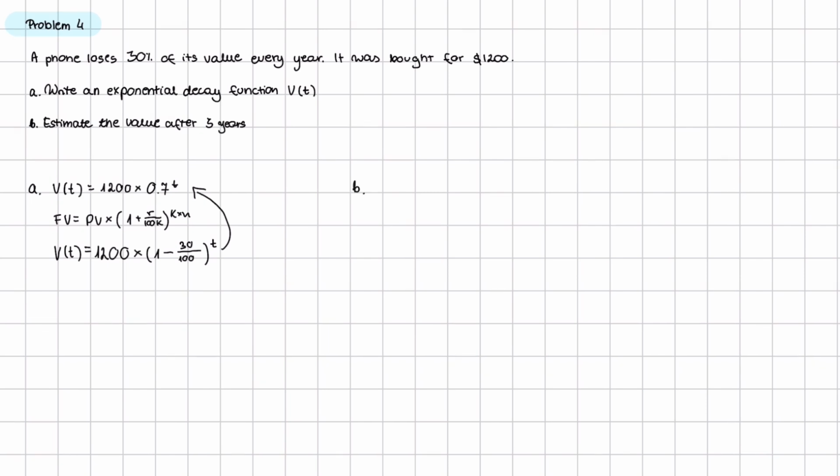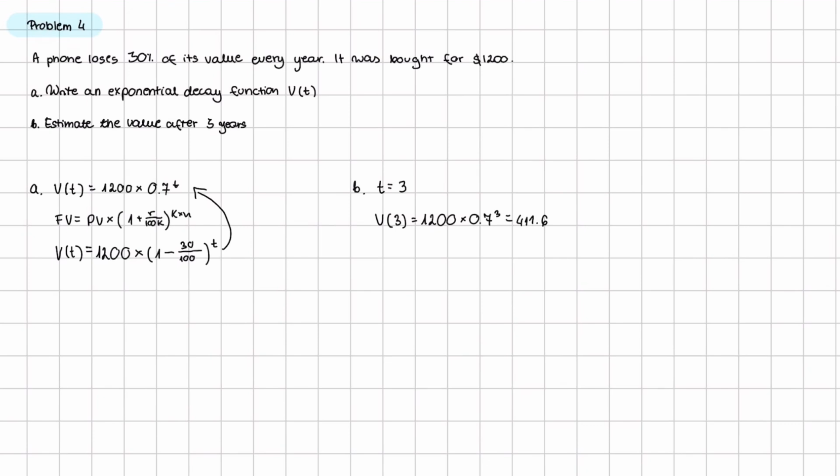And in B, we have to estimate the value after 3 years, so our t is 3, so v equals 1,200 times 0.7 to the power of 3, and we have to calculate it.